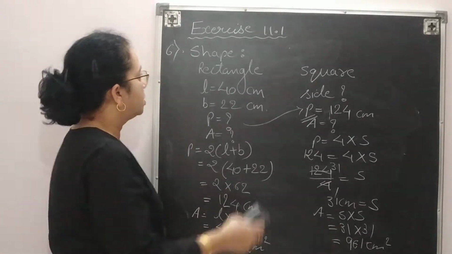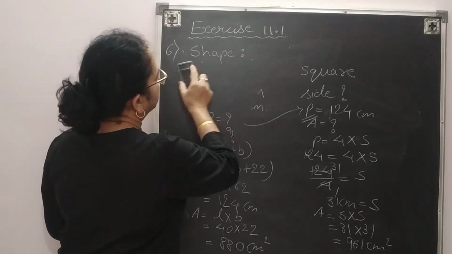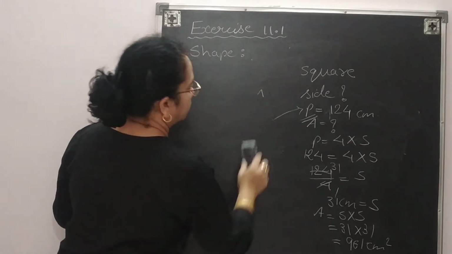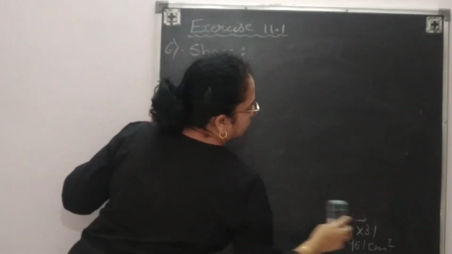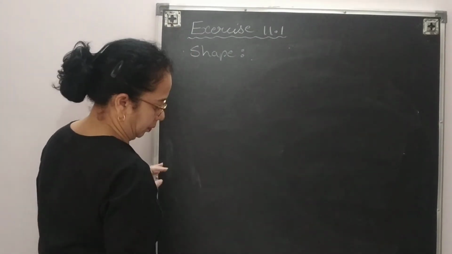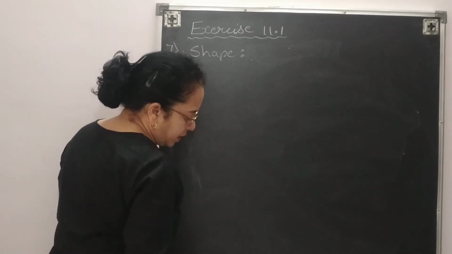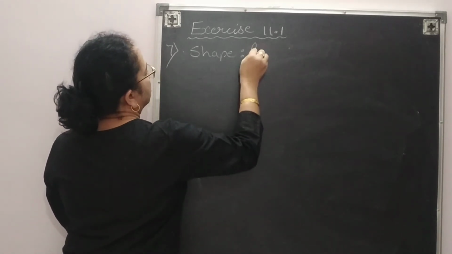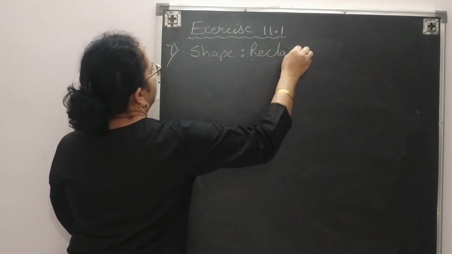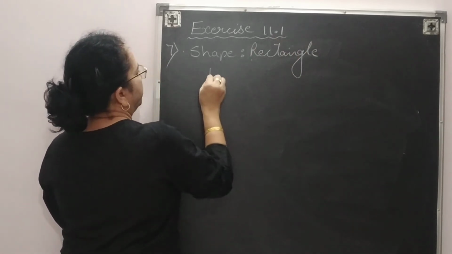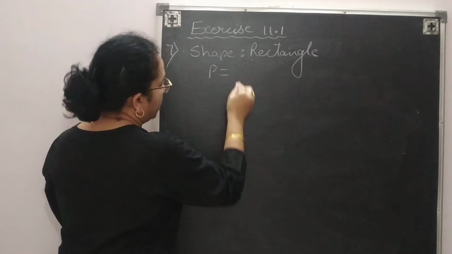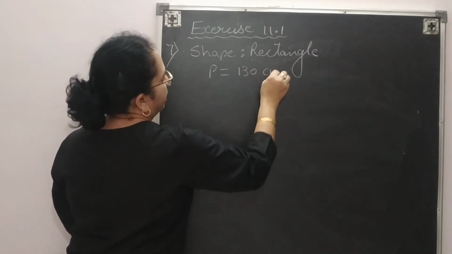Now the next is question number 7. Question number 7. The perimeter of a rectangle. So again the shape given is a rectangle. Perimeter is already given, 130 centimeter.